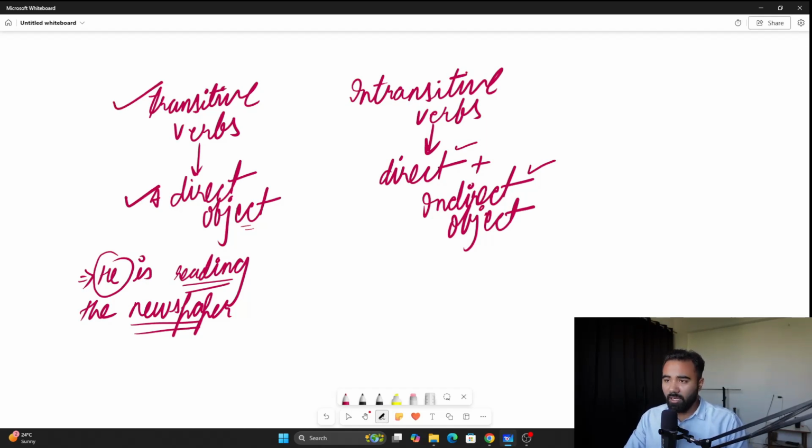Next comes intransitive verb, where you have a direct and an indirect object. For example, I'm going to write a sentence, so try to point out the SVO. We like to call this an SVO exercise, the subject, verb, and object. This is the first thing that students learn when they start their journey to learn this language.